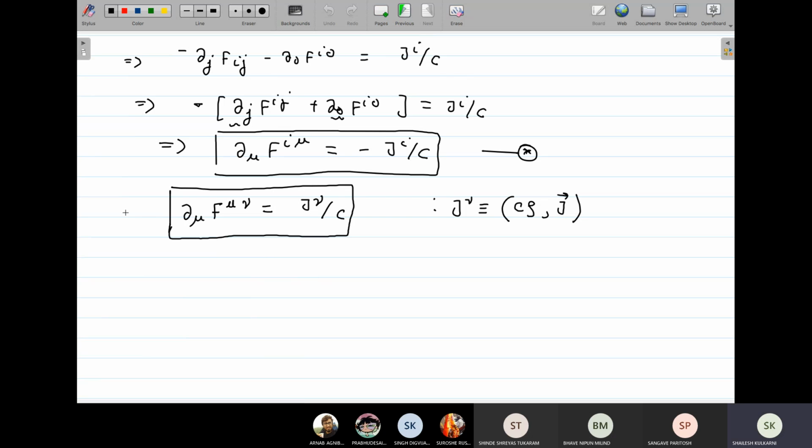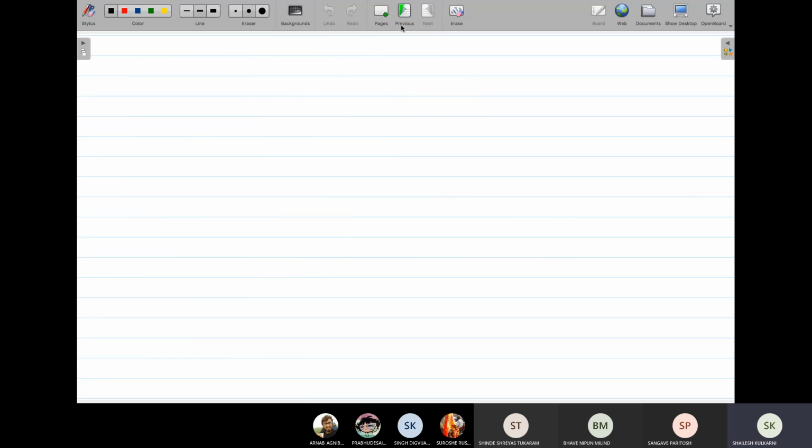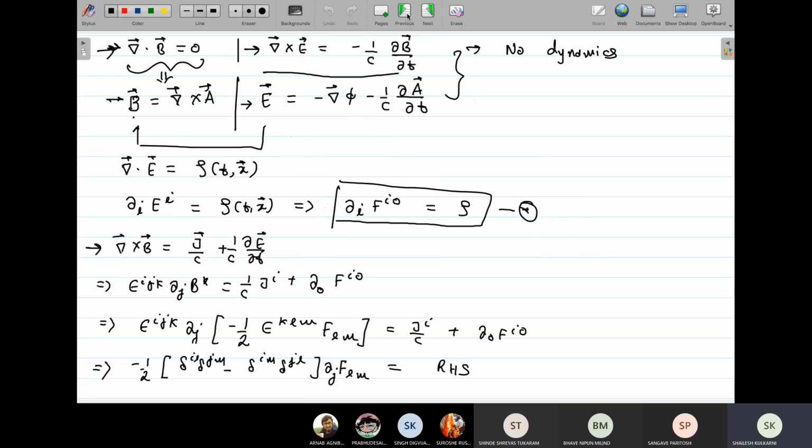So this equation gives me the covariant form of inhomogeneous Maxwell equations. Inhomogeneous Maxwell equations means those equations having the source term. This rho is the source for charge, and J is the source for current.